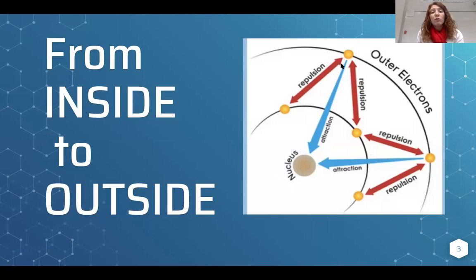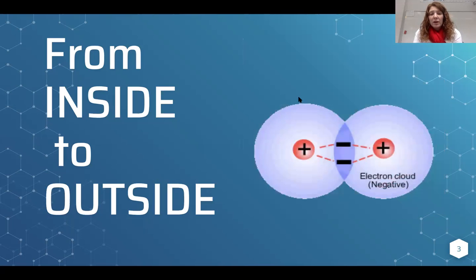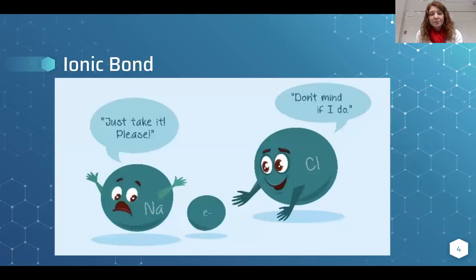They want to be as far apart as they can within those orbitals, which is why we talked about Hund's rule, the empty bus seat rule, that they each fill each orbital one at a time, then move from there. So now we're switching to this idea of the atoms attracting to each other. So not what's happening within the atom, but the atoms attracting to each other. What's going on on the outside.